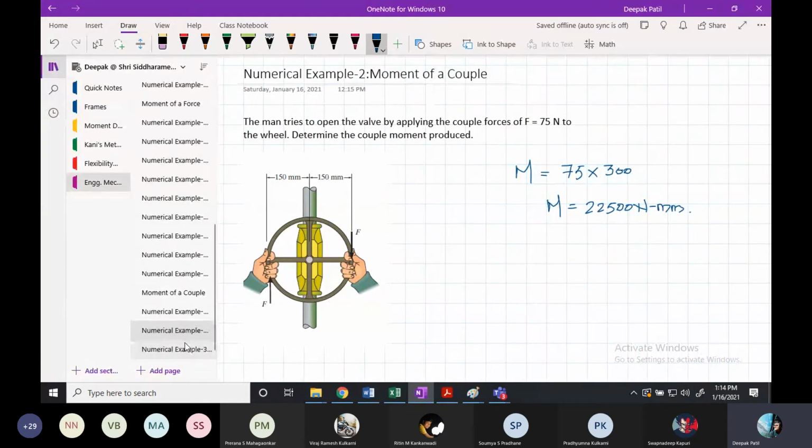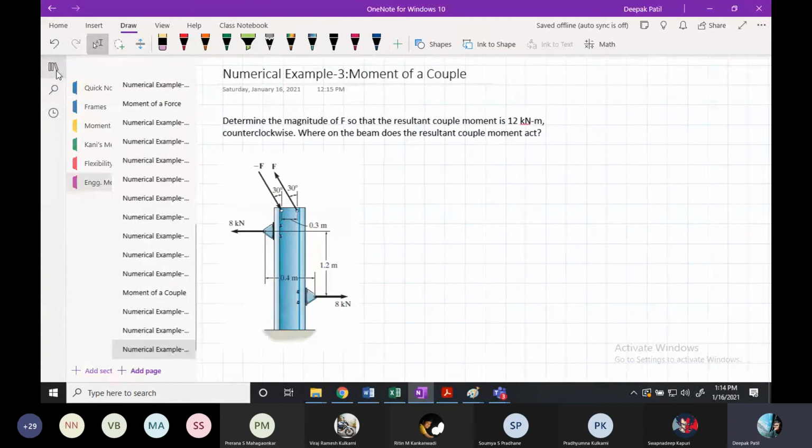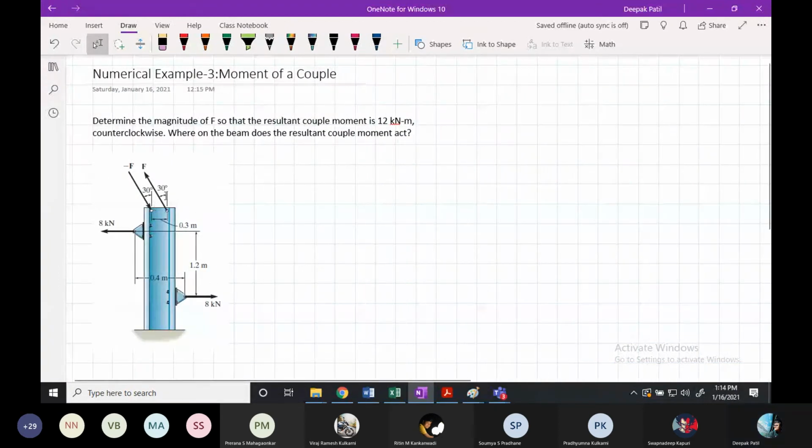Okay, now let me move to the last numerical example, that is this one. Here, determine the magnitude of F. So this is minus F and this is plus F. Some values they have given, so that the resultant couple is 12 kilonewton meter.